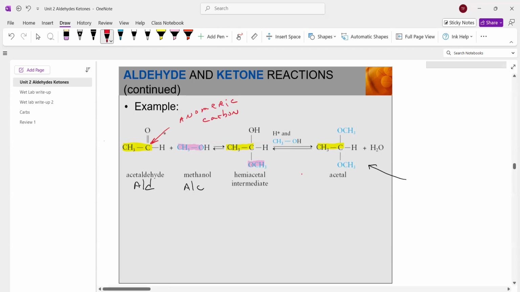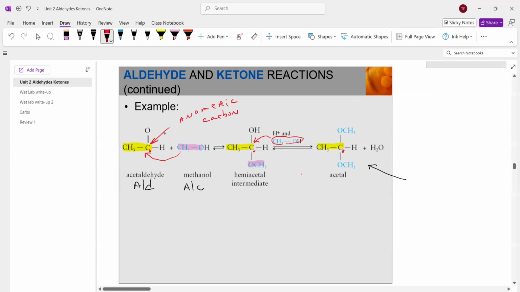So the name of the game in this is everything centers around the anomeric carbon. That's where the alcohols are added to. So this alcohol is going to add to the anomeric carbon. This alcohol here is going to add to the anomeric carbon. And here, I'm going to put a red dot by the anomeric carbon.